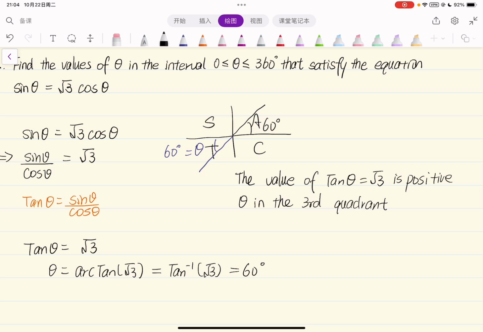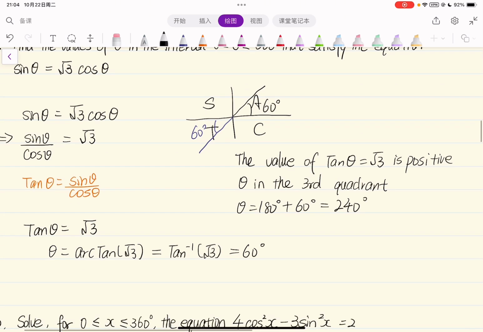So we can write down that theta equals 180 degrees plus 60 degrees, which equals 240 degrees. So overall, we have two values of theta: theta equals 60 degrees or 240 degrees.